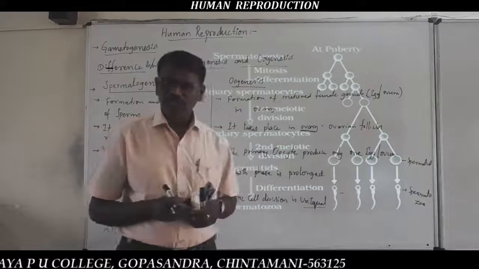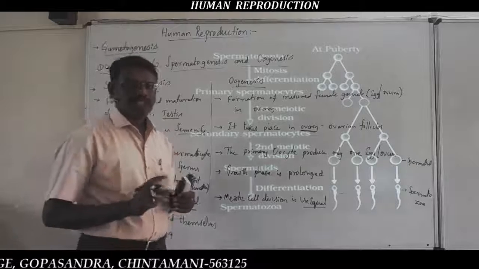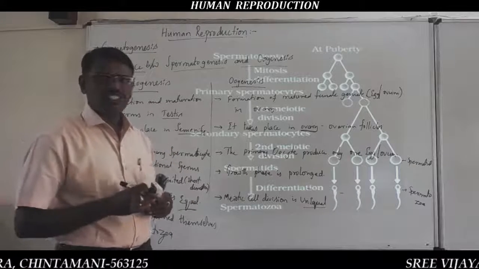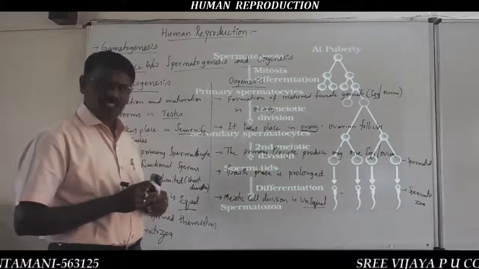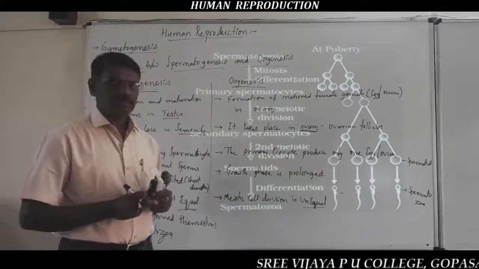This process is called spermiogenesis. For spermiogenesis, certain factors are required, and those factors are produced by Sertoli cells.